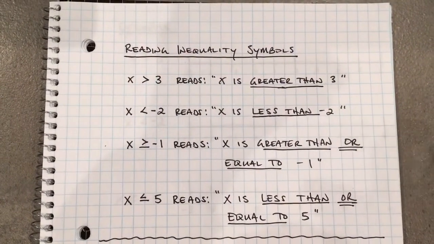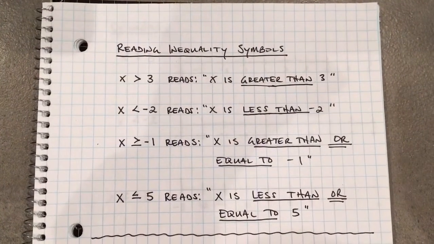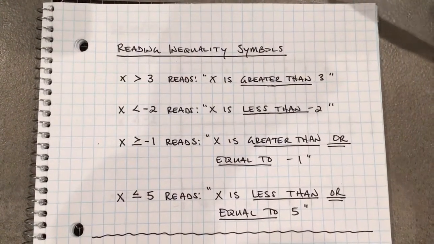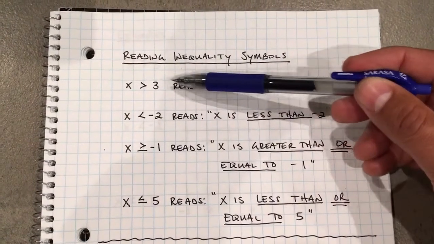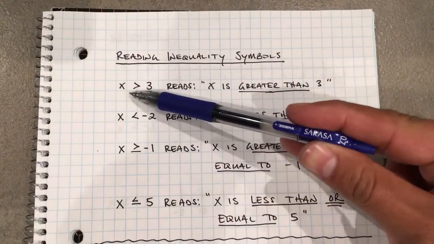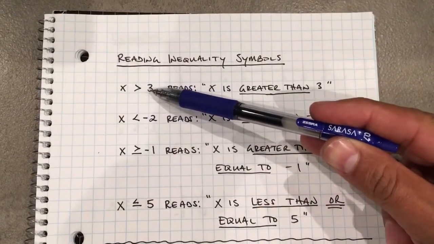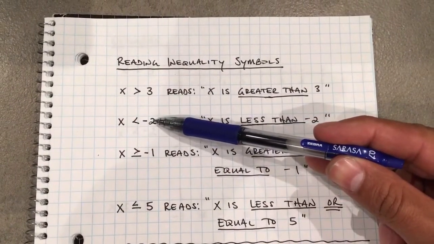Okay, this video is going to be talking about how to read inequality symbols and then how to graph inequality solutions. So this is an example of an inequality solution. And this is how each one of these reads. This is x is greater than 3, x is less than -2.